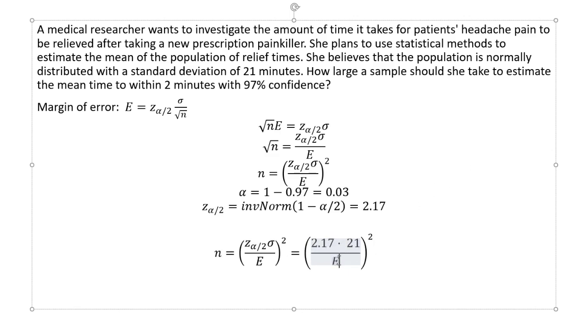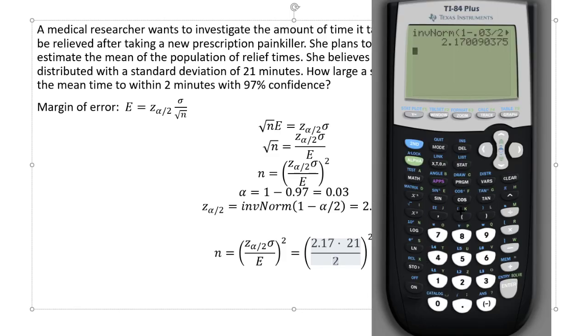And then E is given to us as 2. And this has to be calculated with a calculator as well. So parenthesis 2.17 times 21 divided by 2. And then you have to square this.